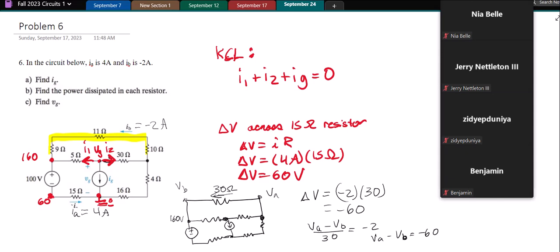I know that VB is 160, so VA minus 160 equals negative 60, or VA has to equal 100. So my voltage right here is 100. Not right there, sorry, right here. I just need to be careful about where I put it on this top circuit. So it's right here. It would be 100 volts right there.